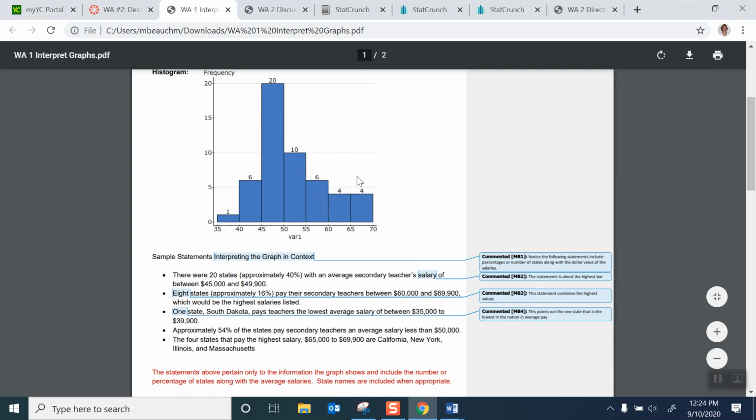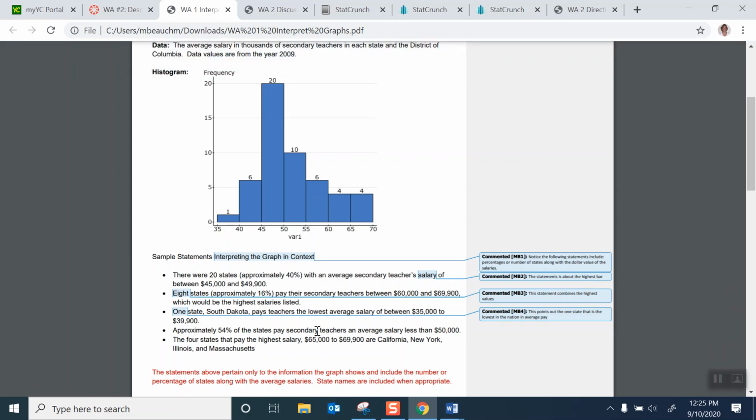You can talk about the shape. The shape of this one is skewed to the right. You can talk about specific states, the 4 states that pay the highest, 65,000 to 69,900 are California, New York, Illinois, and Massachusetts. So I just want you to take a look at the histogram and write one statement to interpret what I have posted on the discussion board.